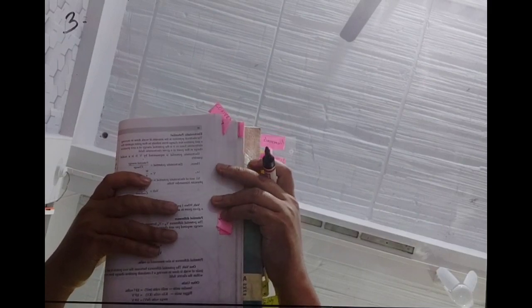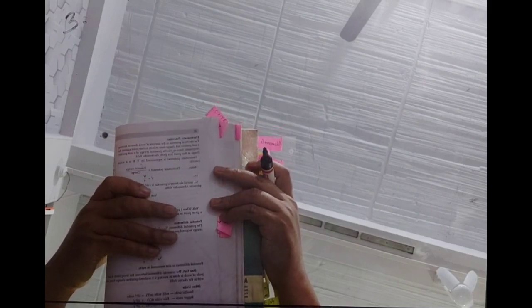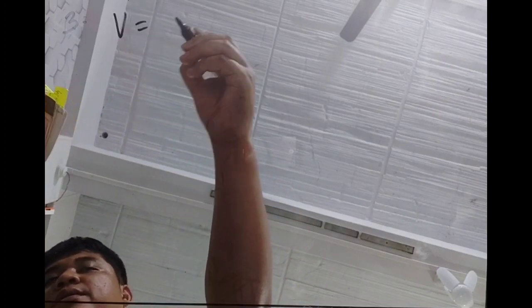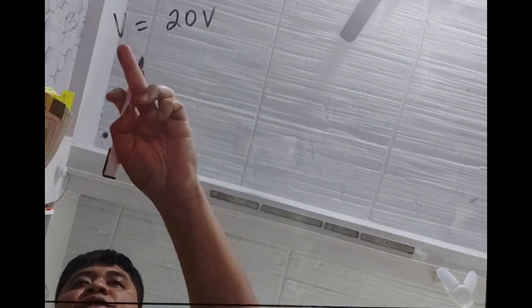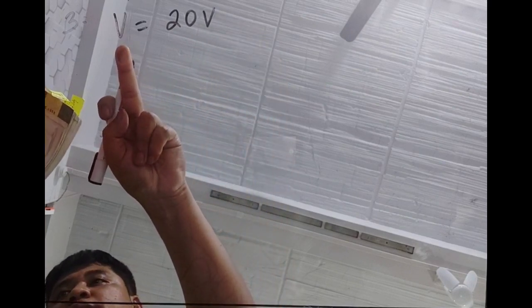Question number 3. How much charge is transferred between the terminals of a battery of 20 volt if the amount of work done in transferring the charge from one terminal of the battery to the other is 100 joule? Here the EMF of the battery is given, that is 20 volts. That is the potential difference between the two poles.